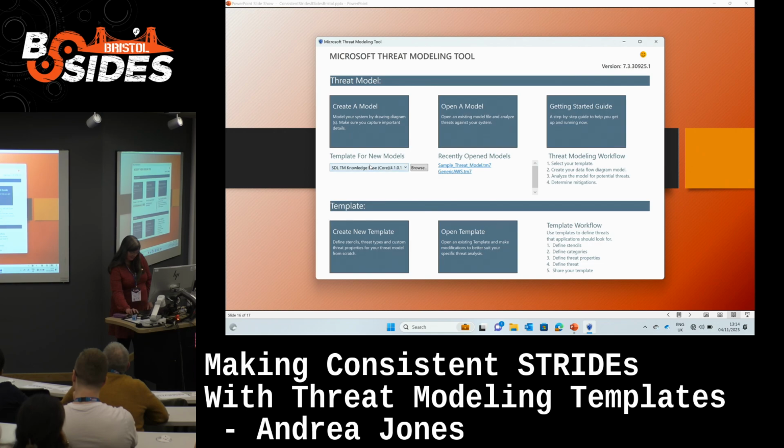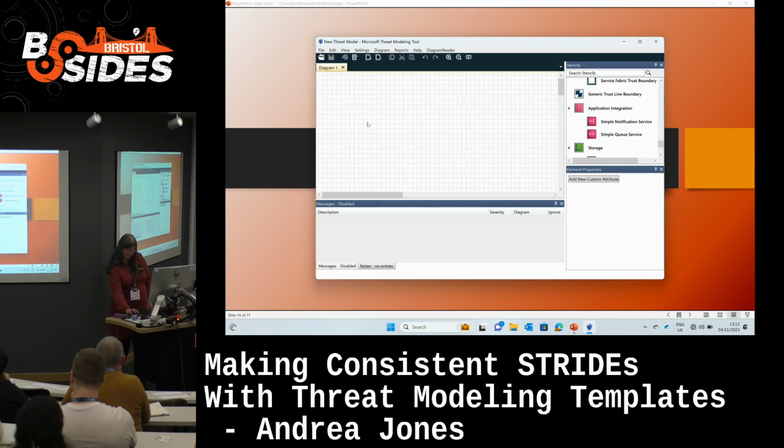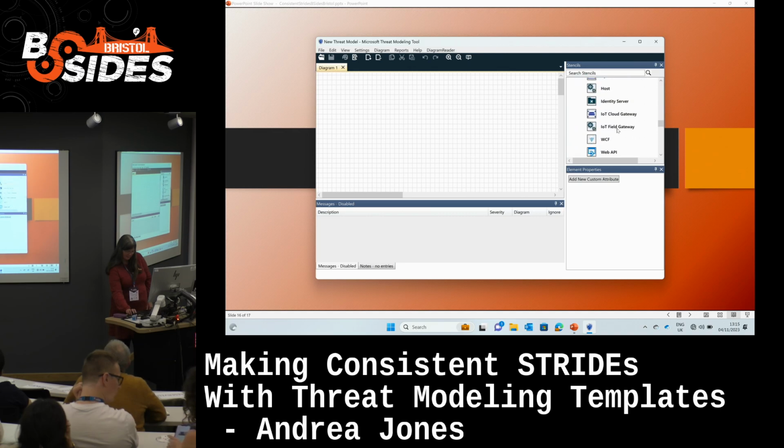Right, there we go. That's the thing, you see, this was using the SDL stencil. That's why I couldn't see all my elements. So always make sure you've chosen the right stencil. So let's try again. Right, so I've got user here.